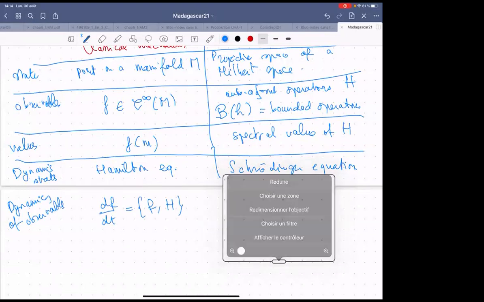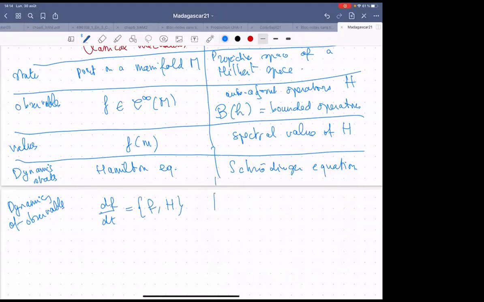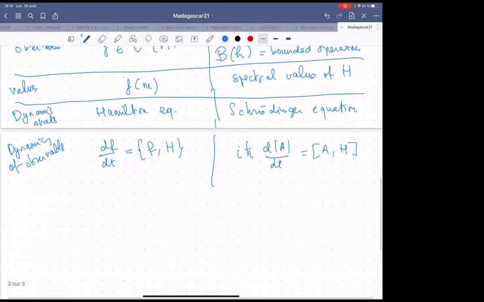And in quantum mechanics it is given by the equation iħ dA/dt equals [A, H]. Okay, and this is a commutator.